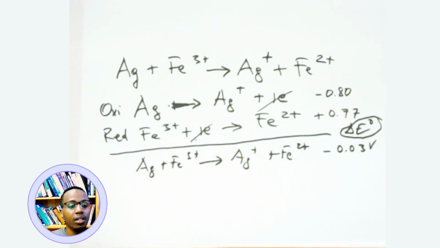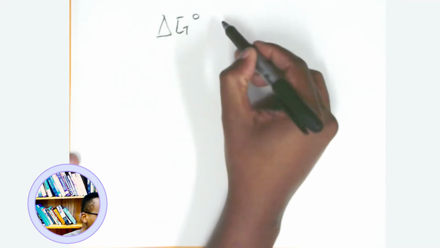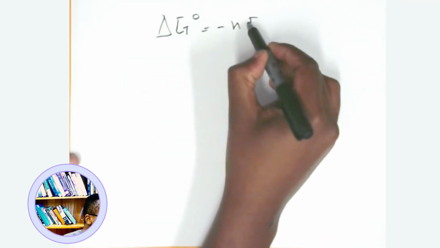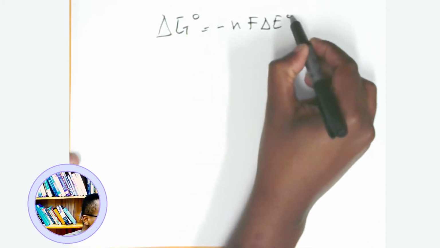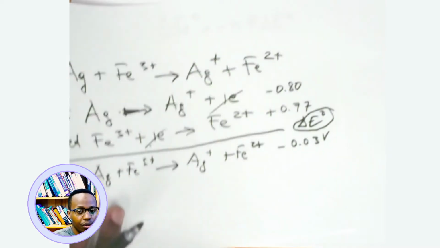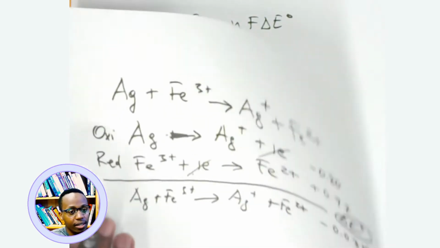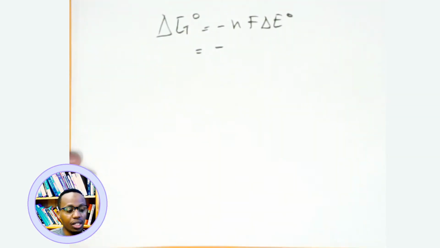Now they say, okay, find delta G. We can find delta G because we do have the voltage. If you remember, the formula is delta G naught is equal to negative nFΔE, right? And we know that here delta E is 0.03 volts, so delta G is negative n, where n is the number of electrons, so you have one electron.